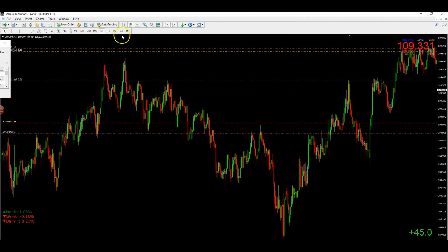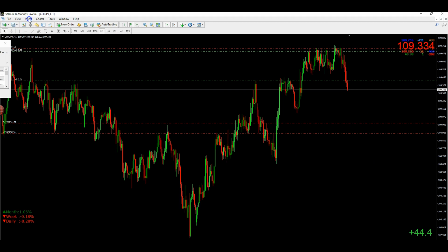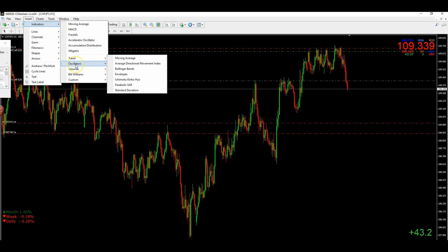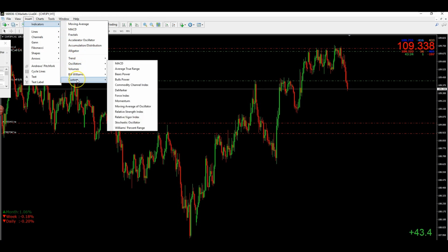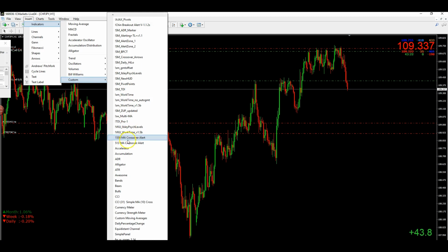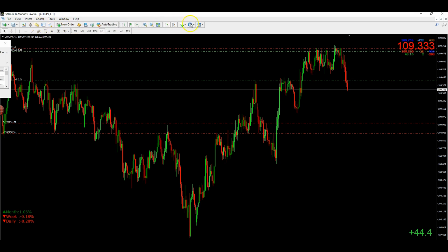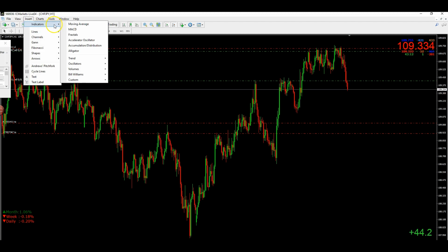You can also get that by going to Insert, Indicators, and you would find, well, it's a custom indicator in this case. You'll find the ATR. So let's just apply it there. Let's insert that indicator.